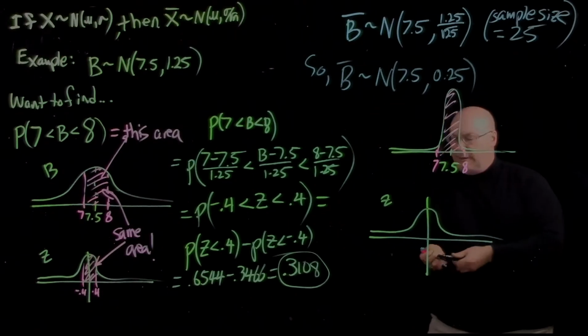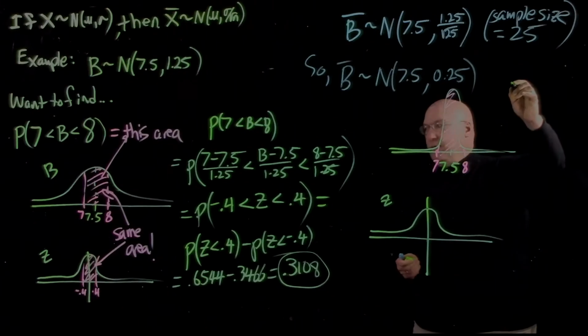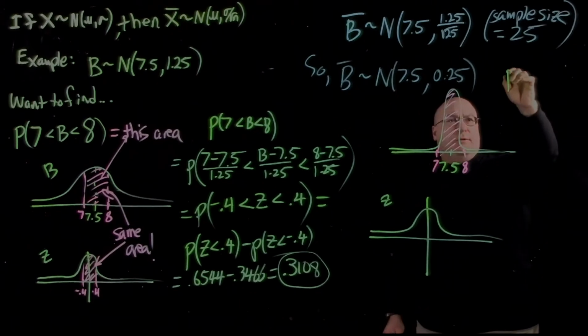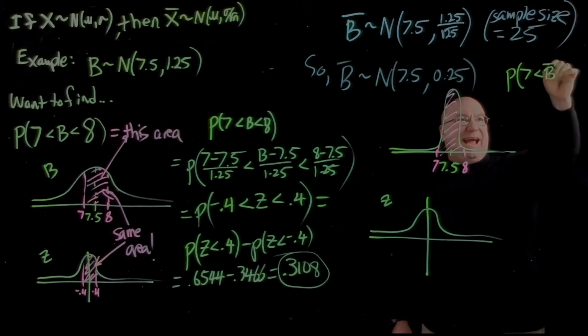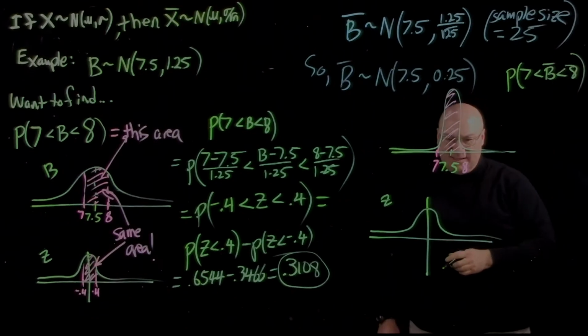Let's compute the probability that 7 is less than B bar is less than 8.